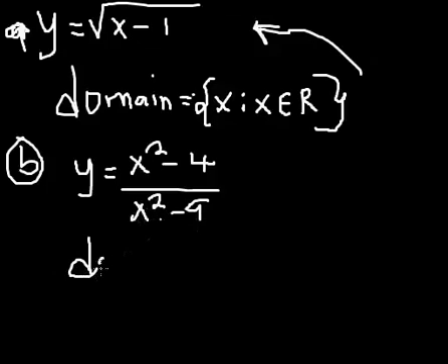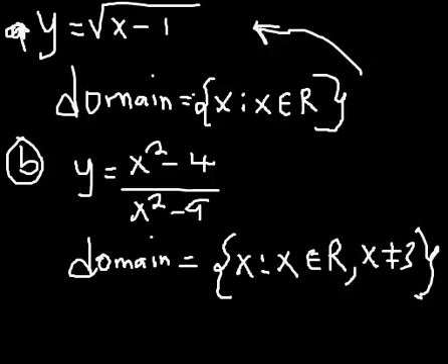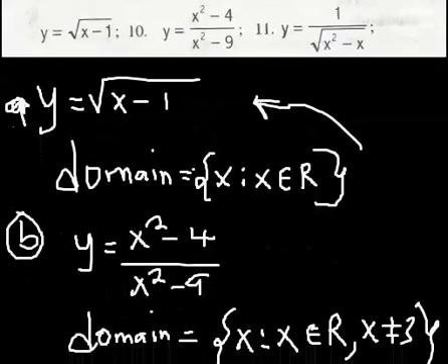So my domain, as usual, definitely is a set of x, okay, such that x is a member of real numbers, okay, but x shouldn't be equal to 3, okay, 3 is excluded, as simple as that.